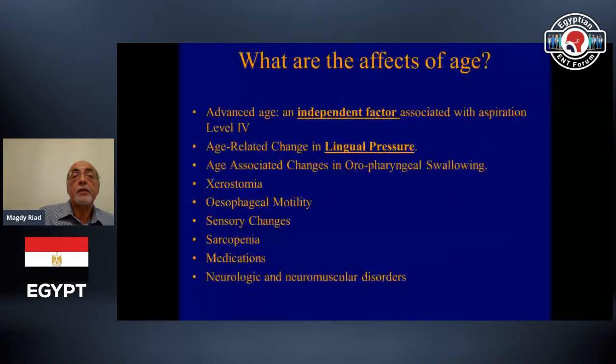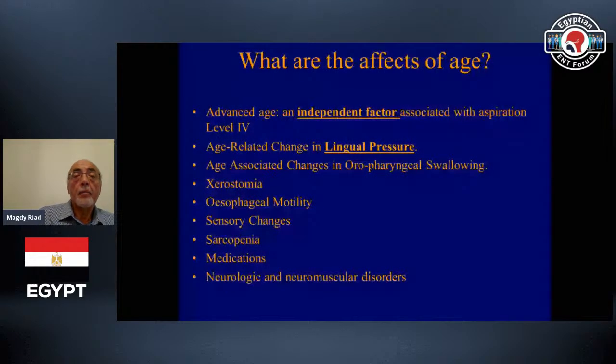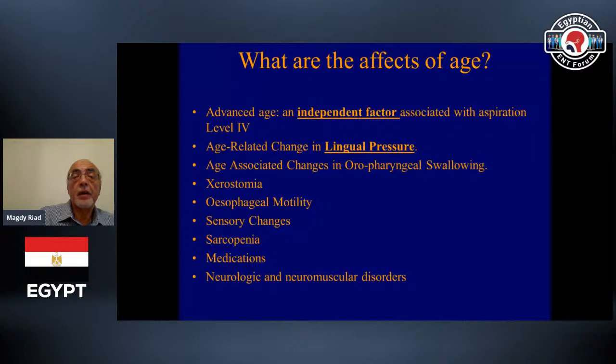Age is important. It's an independent factor in causing aspiration. I mean, most elderly would have other conditions like other neurovascular problems, or they would be on certain medications. But age alone is an independent significant factor in causing dysphagia and causing aspiration. Lingual pressure is the number one reason for that.